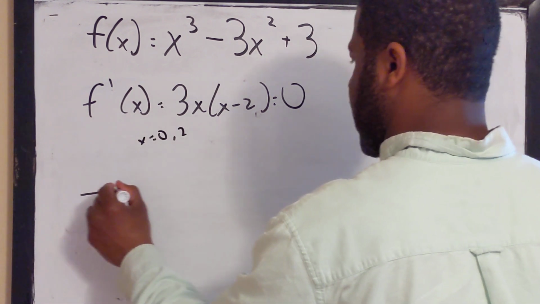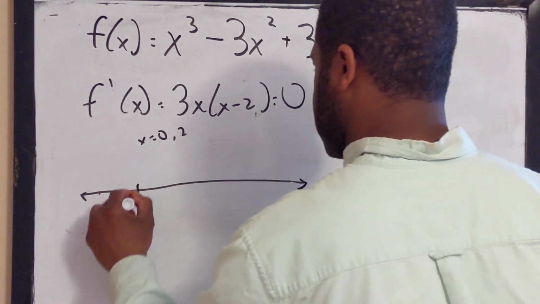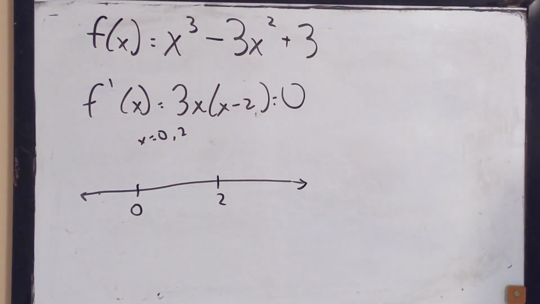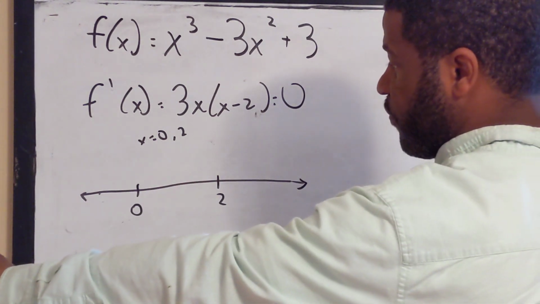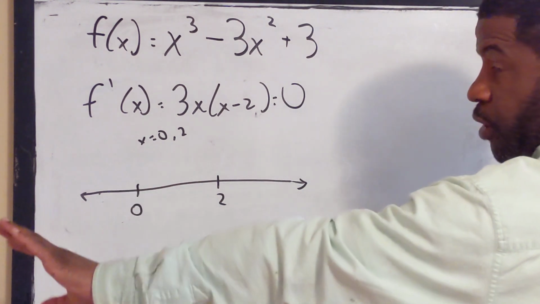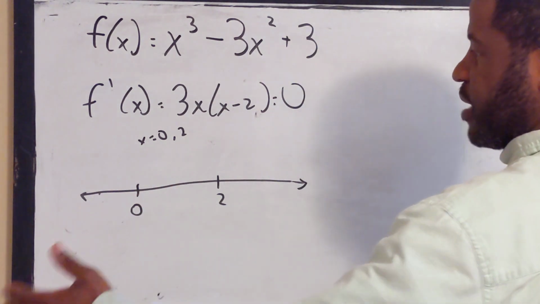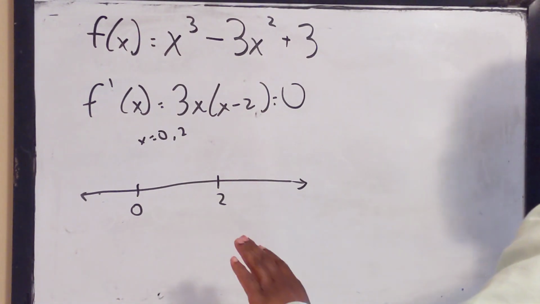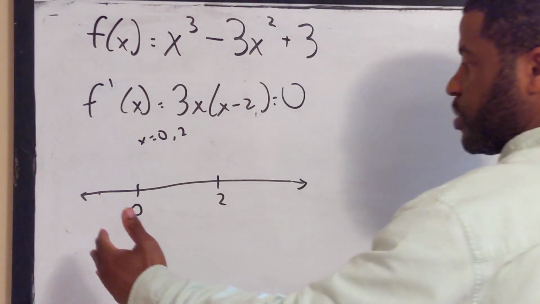So we set up a number line, 0 and 2. Now, this is what we do. We can choose any number from negative infinity up into anything below 0. So if you choose negative 1, that's fine. Negative 6, that's fine. Negative 5, that's fine. Negative 25, that's fine. As long as it's in that interval from negative infinity all the way up to 0.